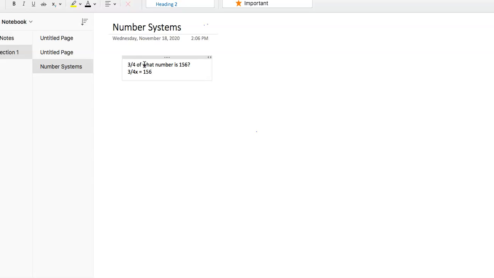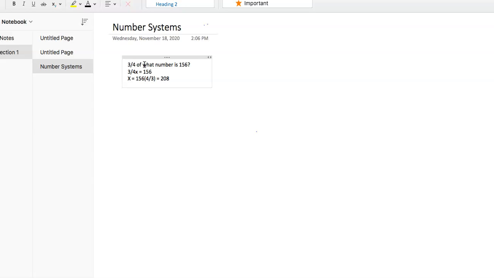To get that to happen, you have to multiply by the inverse. So to get rid of that 3/4, we have to multiply by 4/3, right? And so then all we're going to have left is x equals 156 times 4/3. And once you multiply all that out, that's 208, right?